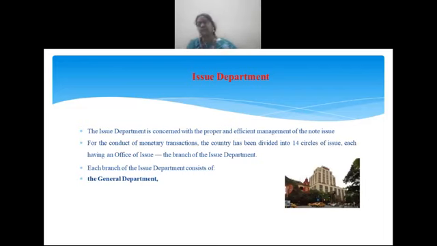Only RBI can issue the notes; no other person can. For the conduct of monetary transactions, the country has been divided into four circles of issue, each having an office of issue, a branch of the issue department. The issue department has 14 branches, and those branches alone can execute that. So the issue department is concerned with the issue of currency.